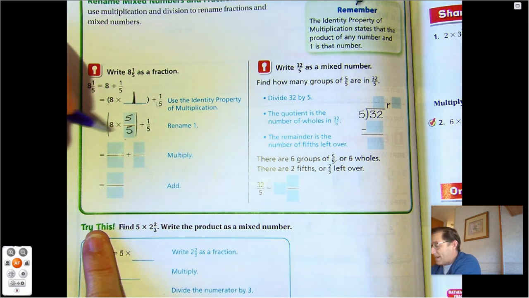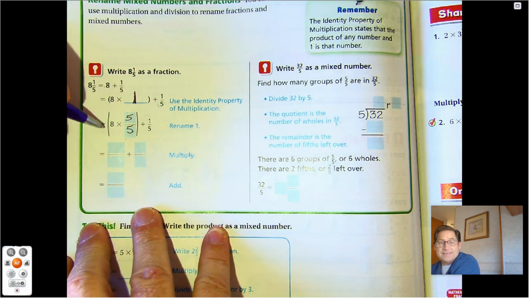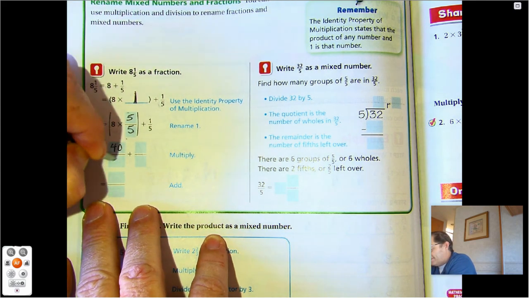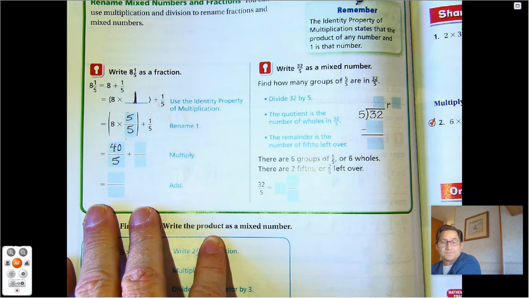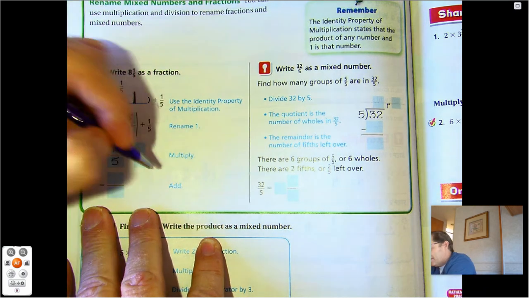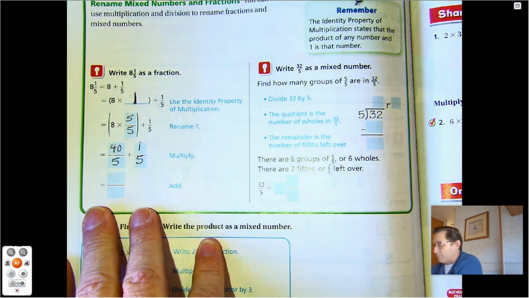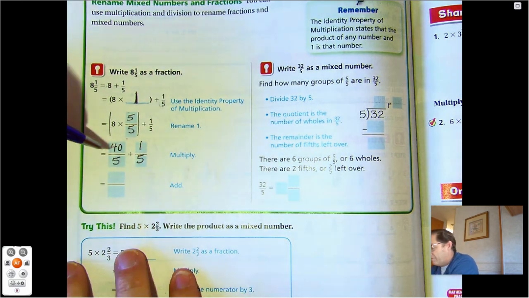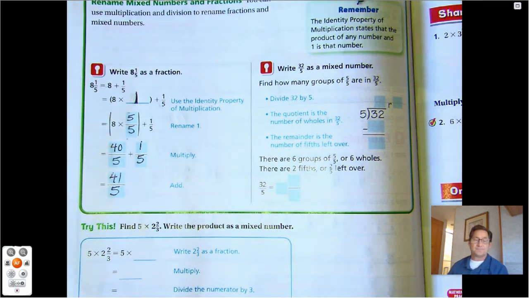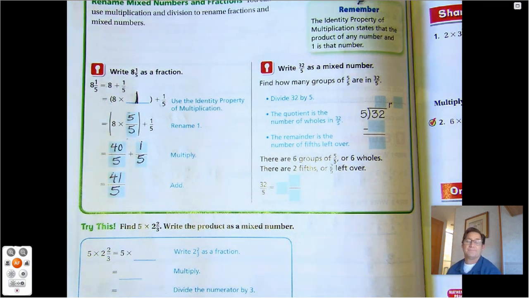All right, now I can multiply 8 times 5/5. 8 times 5 is 40/5. What's 40 divided by 5? 8. Okay, so plus the leftover 1/5. 40 plus 1, 41/5. Okay.